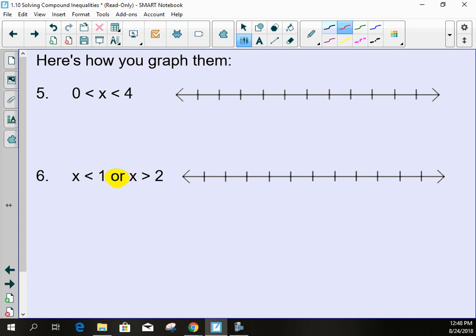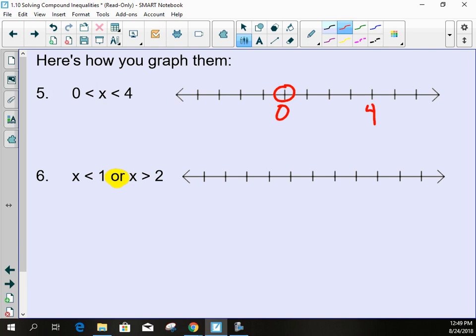The first thing I do, I put my numbers. 0, 1, 2, 3, 4. There are my numbers, okay? Now, always read it from the x. X is bigger than 0. What kind of dot do I put at 0? Open or closed? Open, because it's not or equal to. And x is bigger.